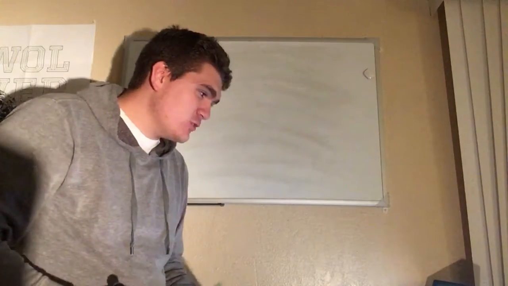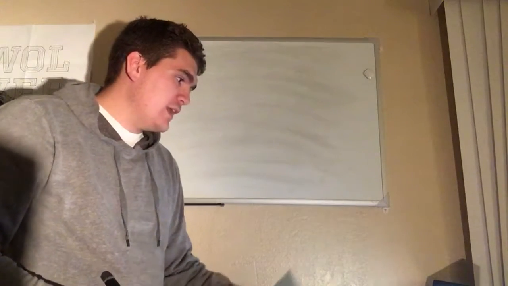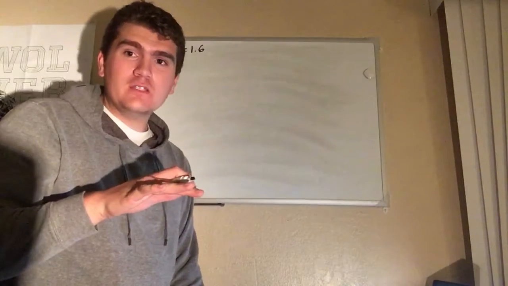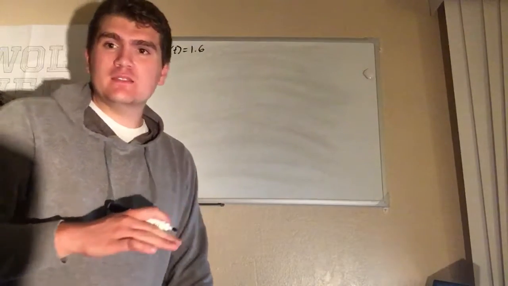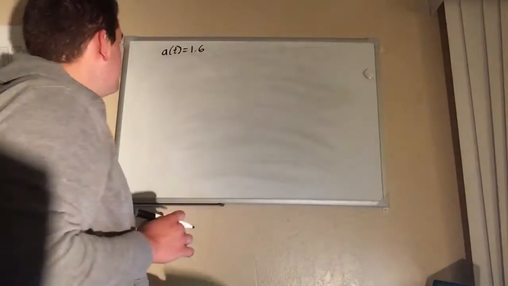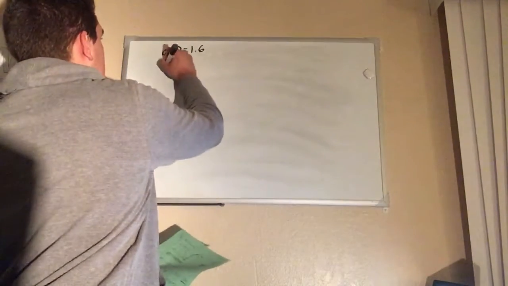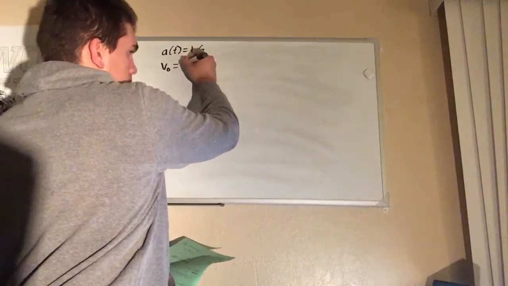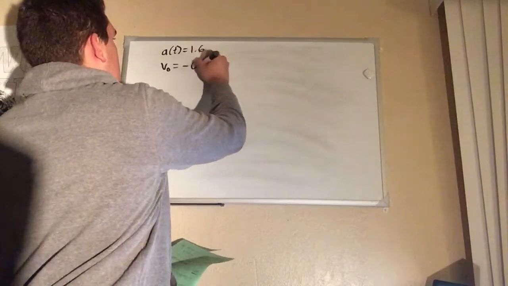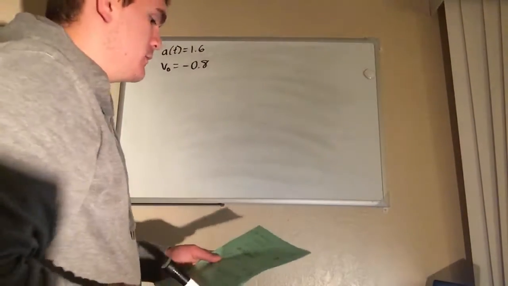Its velocity, we know its initial velocity, because we're going to say right when it hits 5 meters above the surface, that's t equals 0. That's 0 seconds. So its initial velocity is equal to negative 0.8, and that's meters per second.